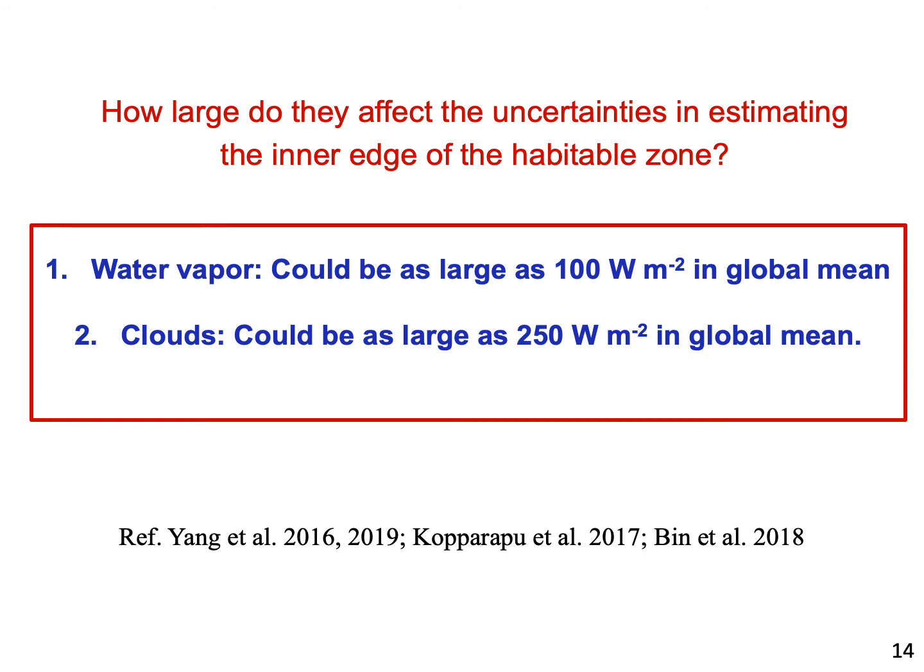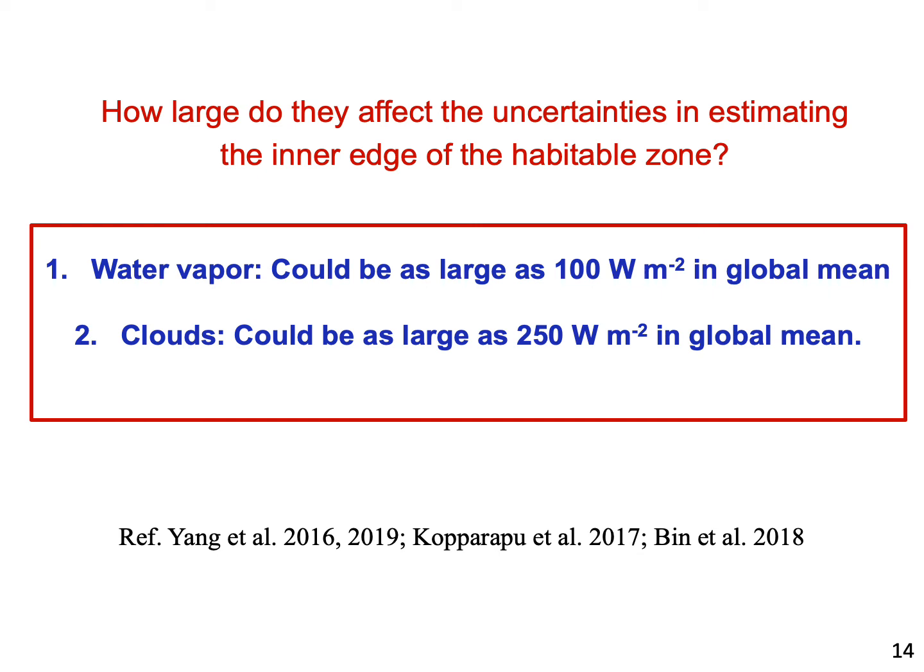A key question is, how much do they affect the uncertainties in estimating the inner edge of the habitable zone? Based on the following 4 papers, I summarize that for water vapor, the effect could be as large as 100 watts per meter squared in global mean for M stars.